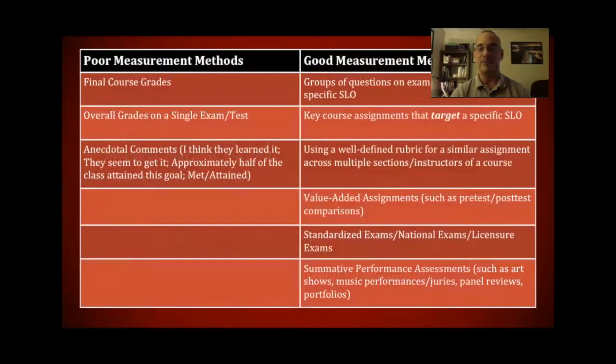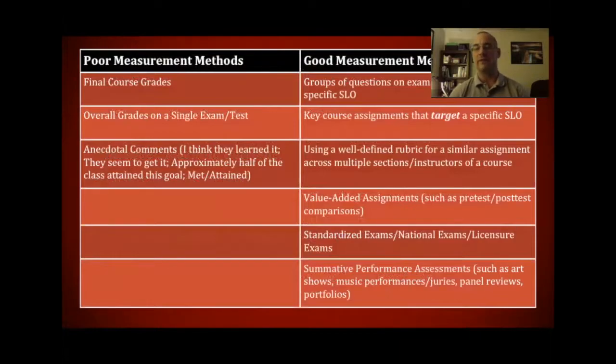But oftentimes as well, grades are made up of participation and attendance points, which starts calling into question the effort that students put into a course. So final course grades are really made up of a lot of different variables. And when we talk about student learning outcomes, we want to pull specific measures that specifically measure one particular outcome.